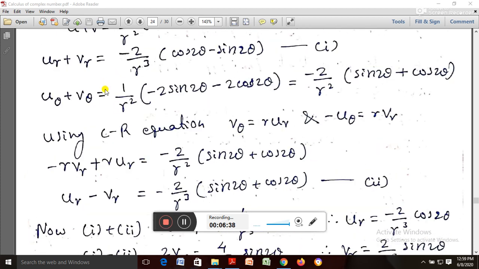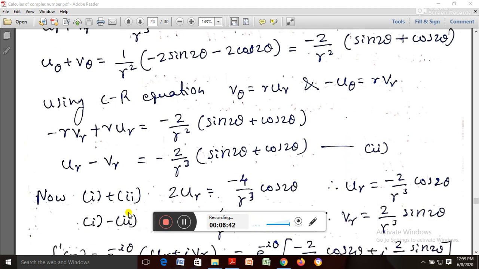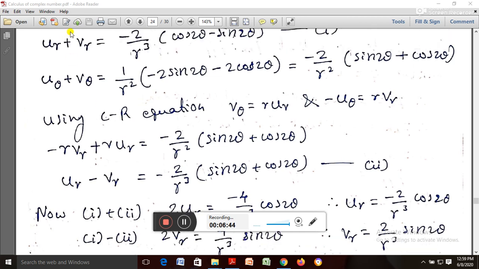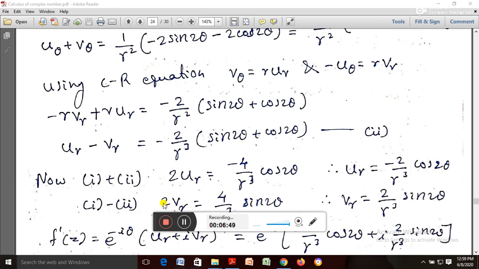To find the value of ur, add equation numbers 1 and 2. We get ur plus ur is 2 ur, vr minus vr cancel, so 2 ur is equal to minus 4 by r cube into cos 2 theta, or ur is equal to minus 2 divided by r cube into cos 2 theta.